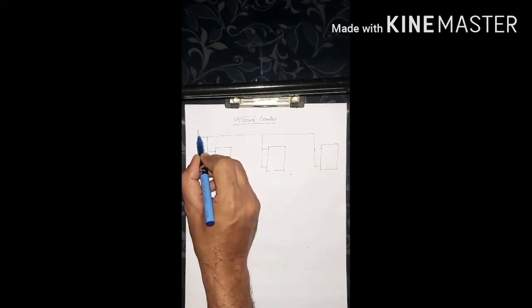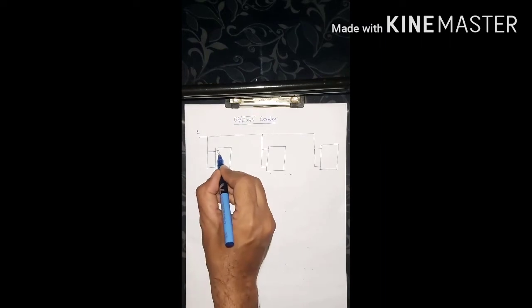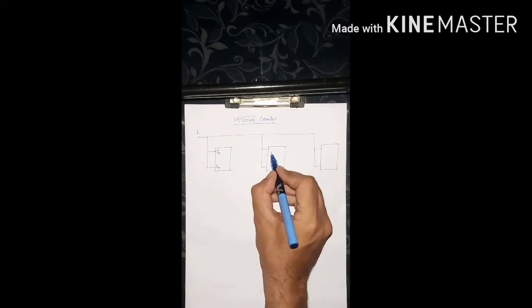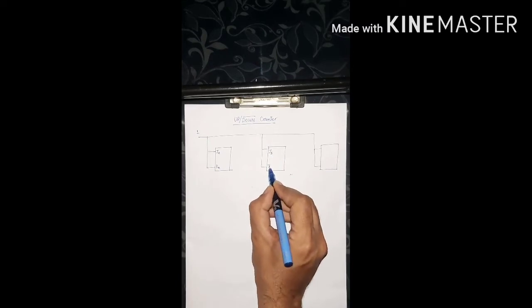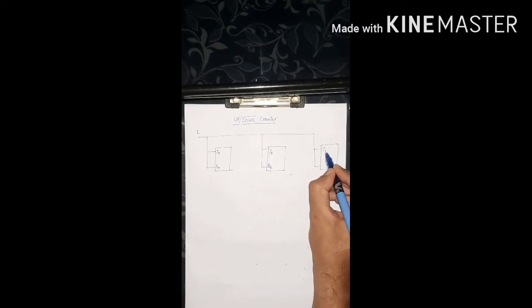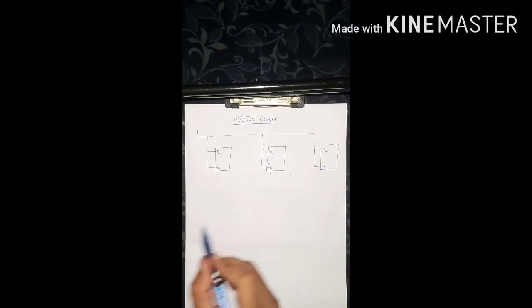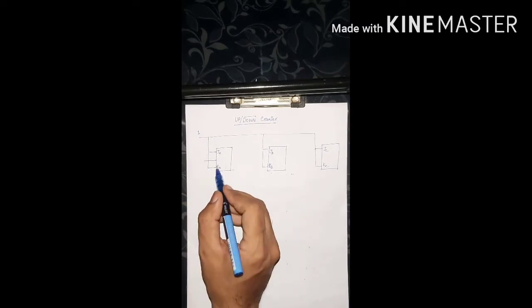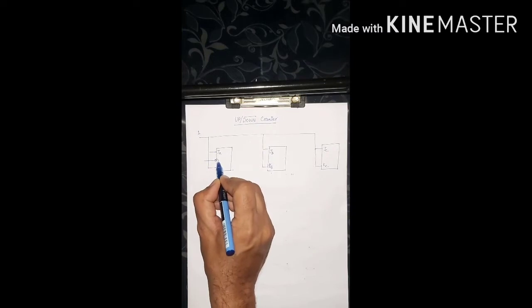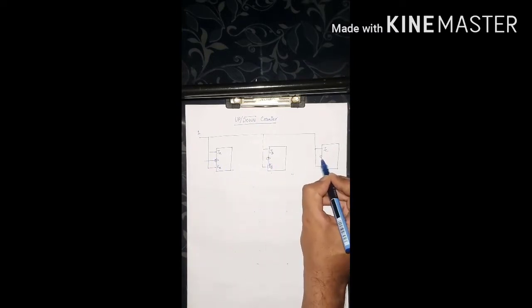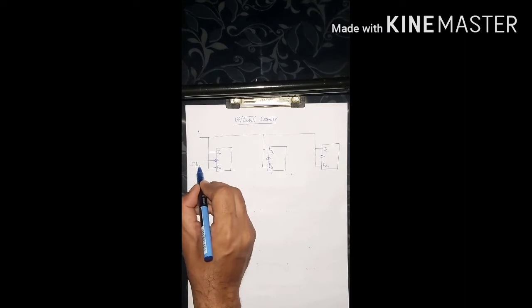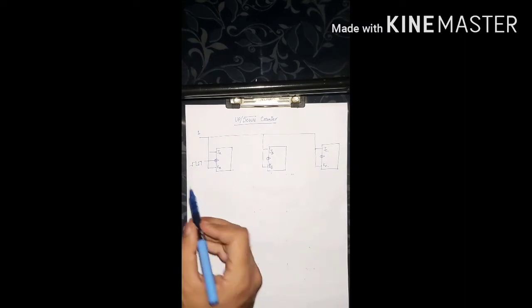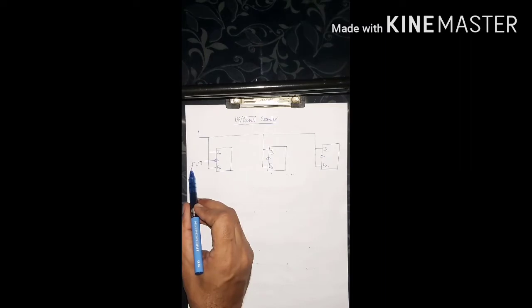Hope there's nothing new in this, that all the J and K terminals of 3 flip-flops are provided high signal, and the clock signal of the first flip-flop, which is negative edge triggered as usual, will be provided the clock pulse, which is to be counted, whose clock cycles are to be counted.